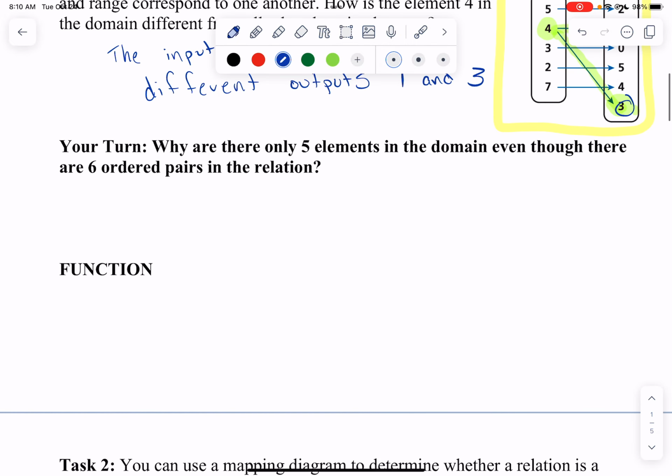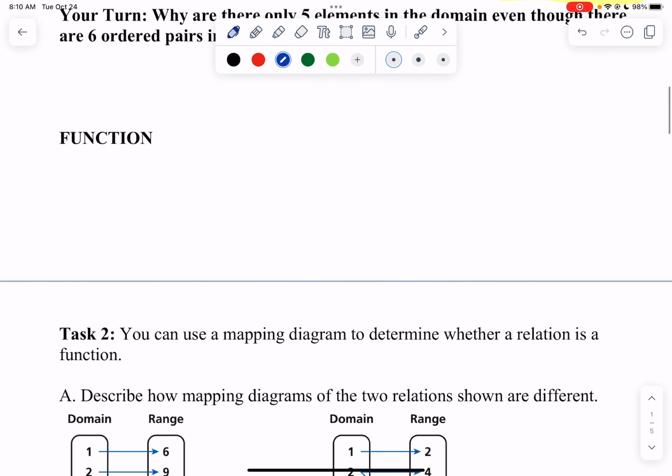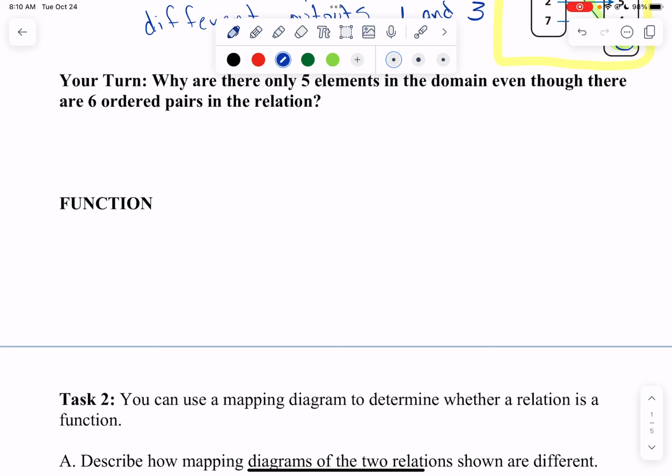Now we need to talk about a function. So a function is a special type of relation. If a relation has this characteristic, we call it a function.